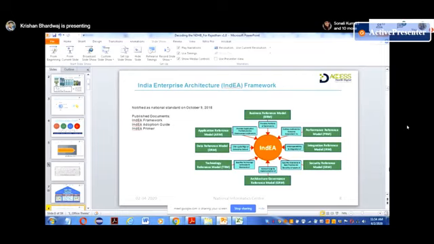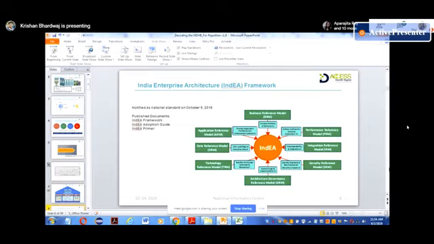Then they defined the application reference model for the business requirements of the application. Then data and technology will take care that a common meaning of data should be there. A common set of technology principles should be followed. So I'm not saying a common technology needs to be followed. Technology can be anything. Fine. You're using NoSQL or SQL, that is fine, so long as you are following the common technology principle.